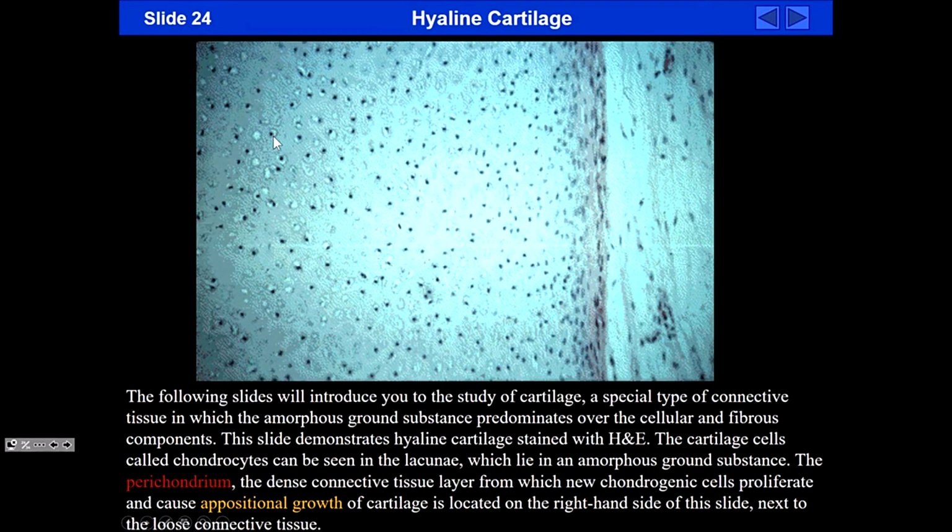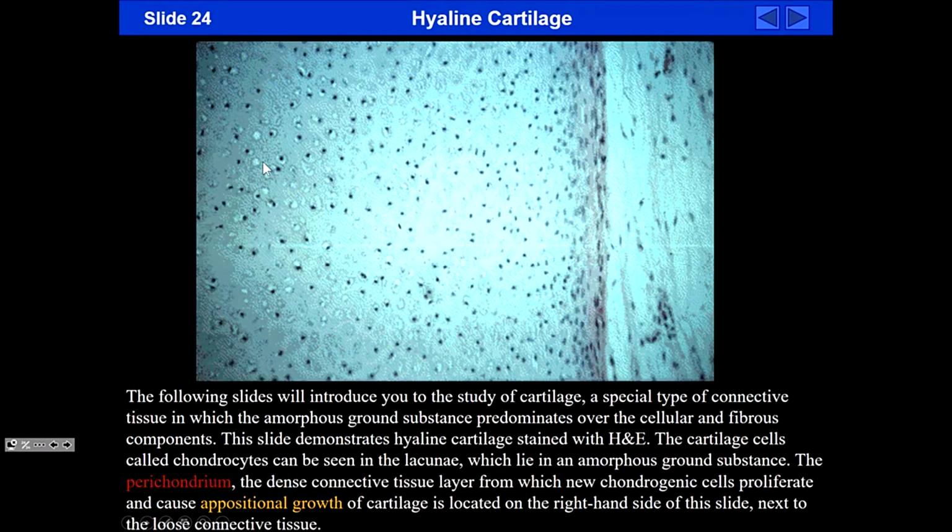Chondrocytes have that annulus that stains differently to the interterritorial matrix. So this is hyaline cartilage with a perichondrium, and this would be appositional growth because these perichondrial fibroblasts differentiated into chondroblasts and chondrocytes.